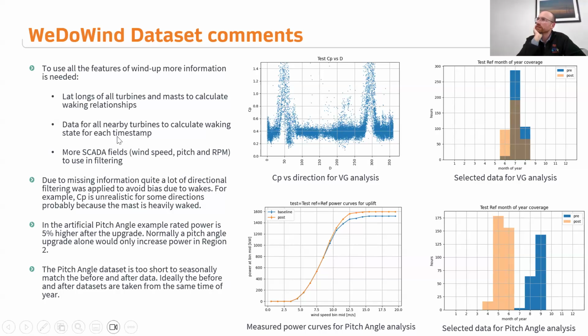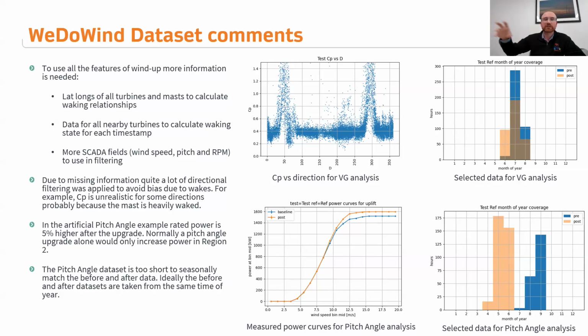My understanding is this was your inland wind farm, which in reality has many turbines, but we don't have access to data for all the turbines. So there could be neighboring turbines creating wakes, or maybe not creating wakes when they're offline, but we don't have information about that.